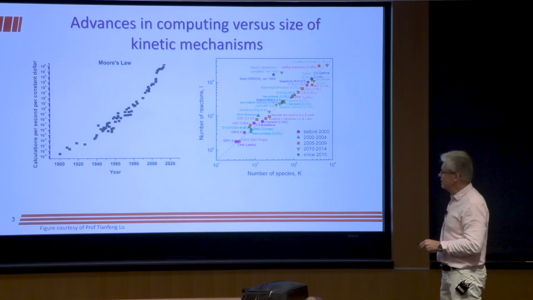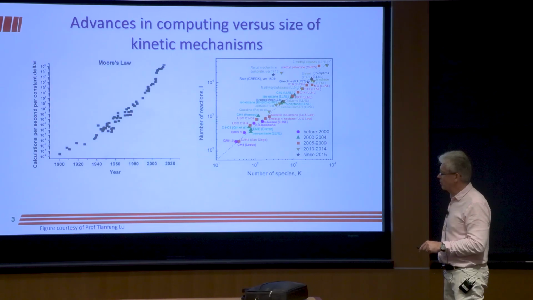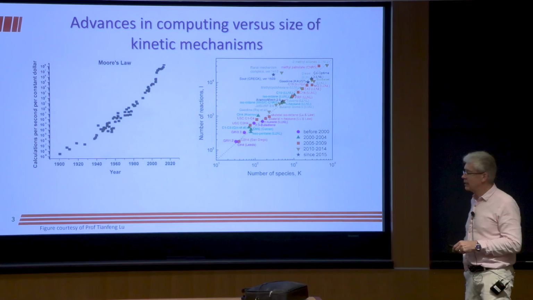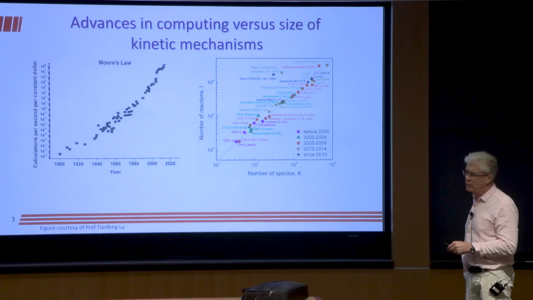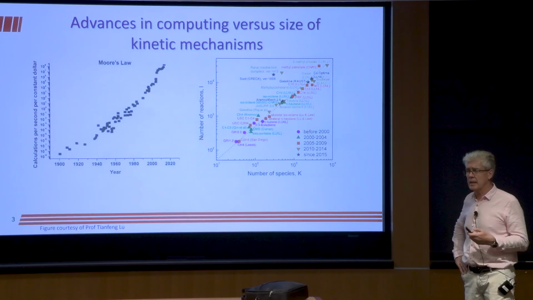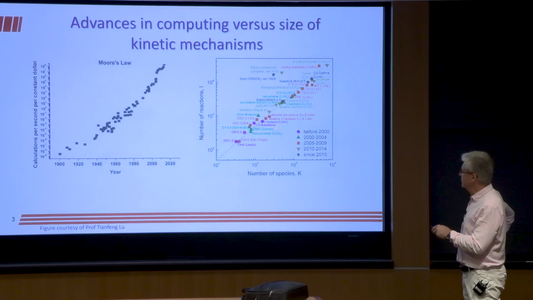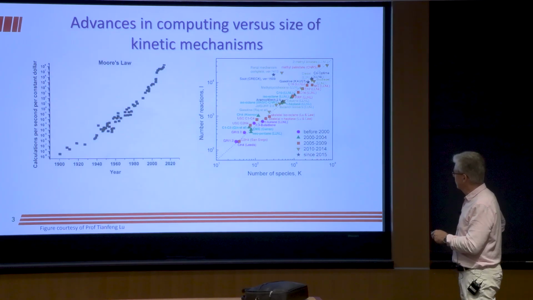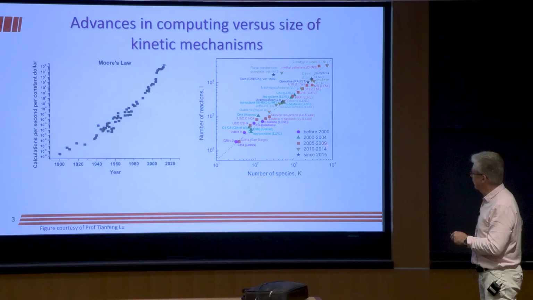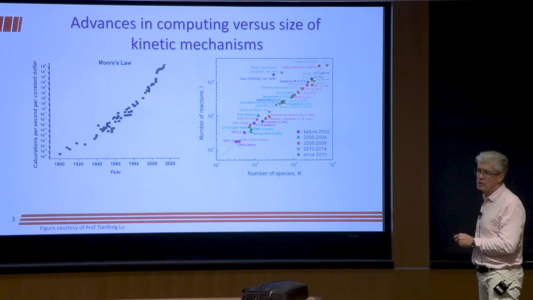This is a nice slide. This figure is courtesy of Professor Tianpeng Liu, and it's an extension of a figure that Professor Liu published with Professor Law in a Progress in Energy and Combustion Science paper. He updated this for me in 2019, and their paper was published in about 2014.